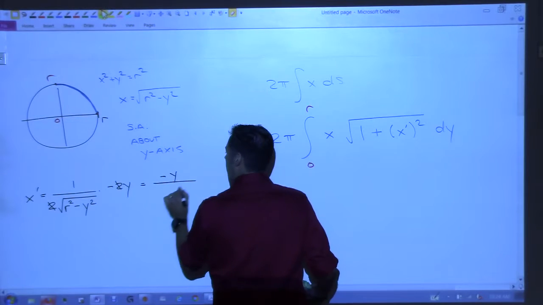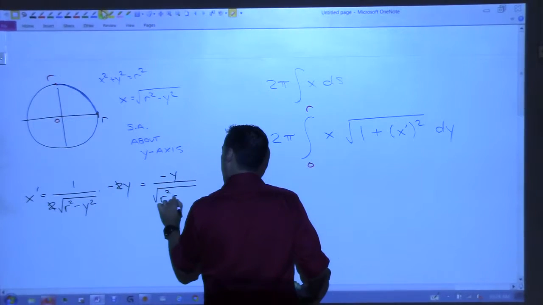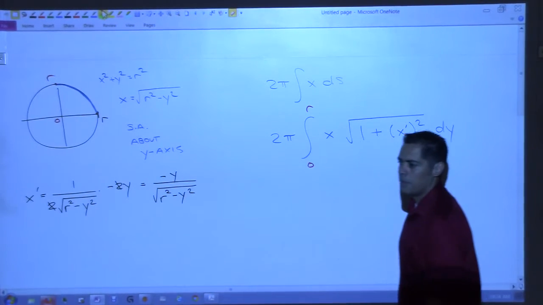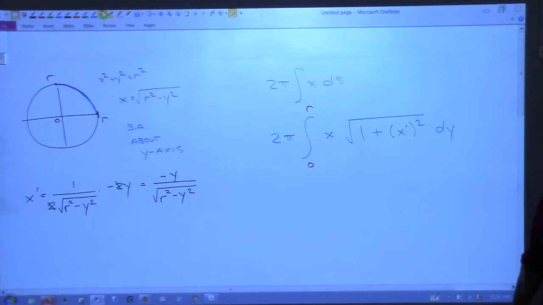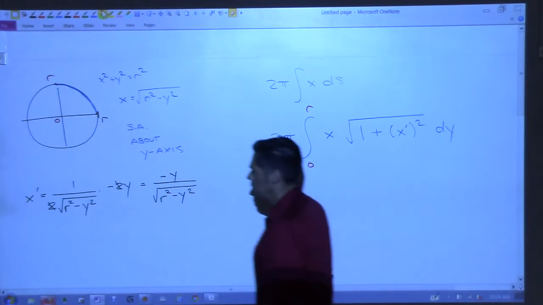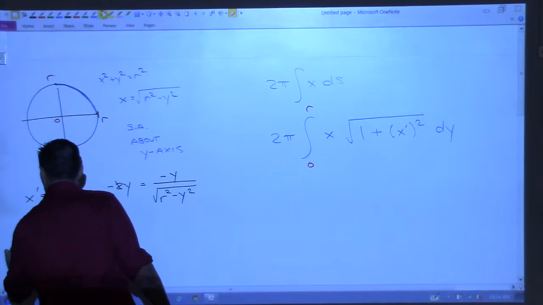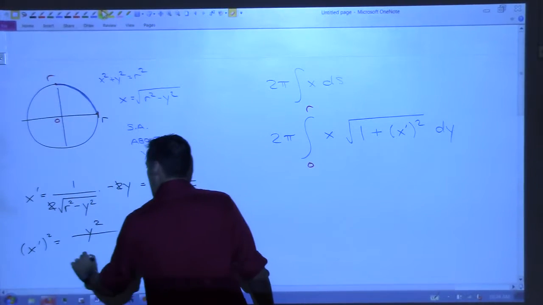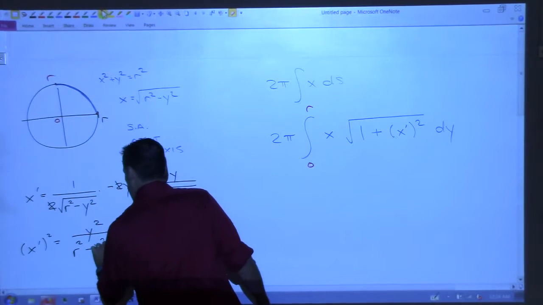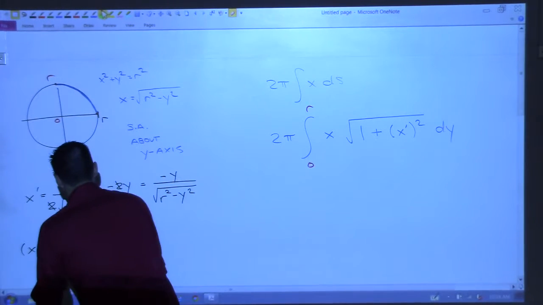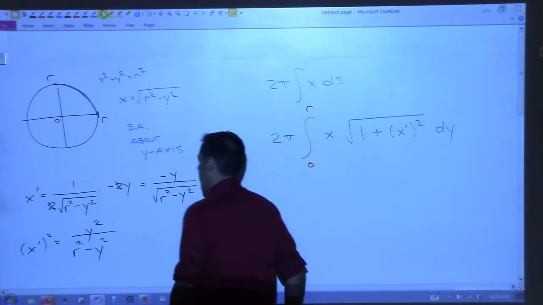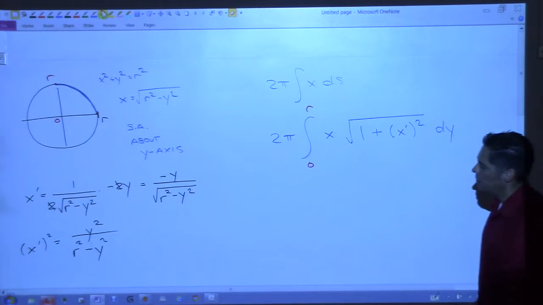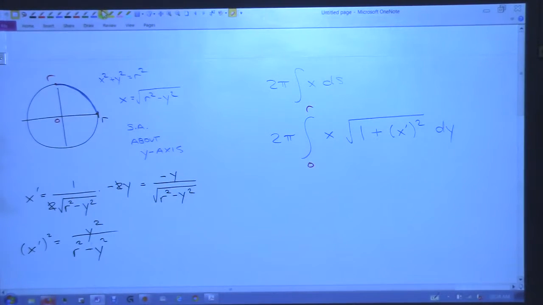Negative y over that root, right? I'm supposed to square this. When I square a negative, it becomes positive. And when I square that, it becomes that. Not x, y. So square the root on the bottom, it goes away. That's not so bad, right?